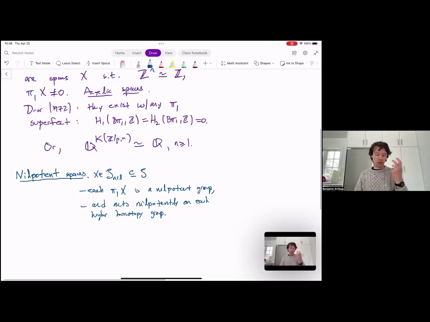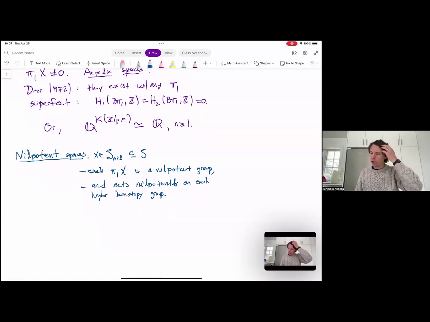This is a category of spaces which in the end is all built out of, one way you could say this, it's built out of K(pi, n)'s for abelian pi, and using principal fibrations. So these are ones which are very close to being built from abelian groups.